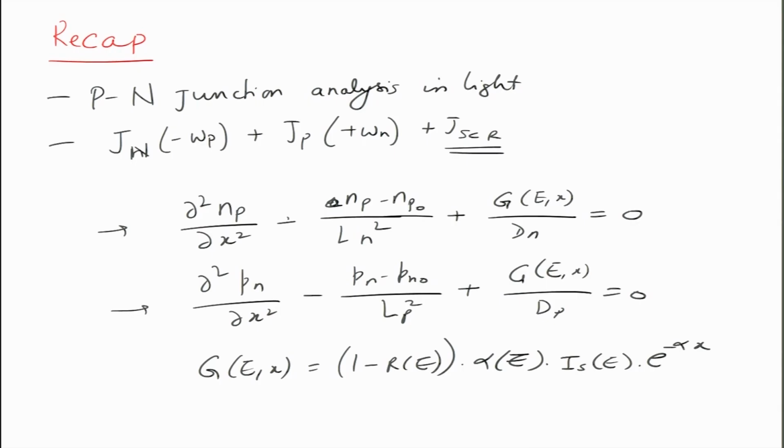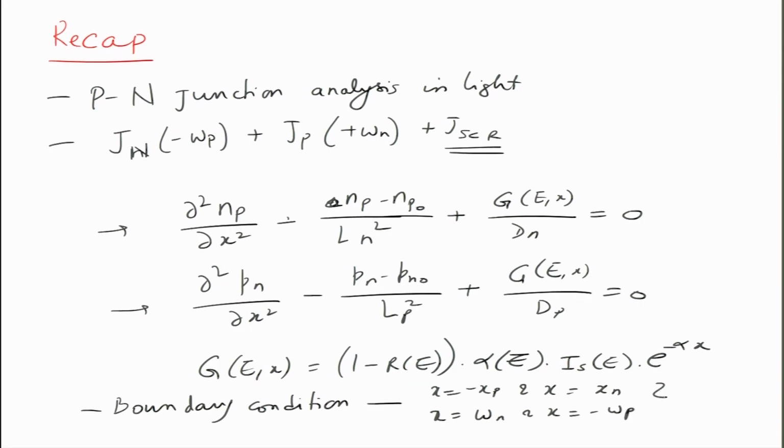These were the equations with which we started, and we also made certain boundary conditions, at x is equal to minus xp as well as x is equal to xn, and then the boundary conditions were at x is equal to Wn and x is equal to minus Wp.